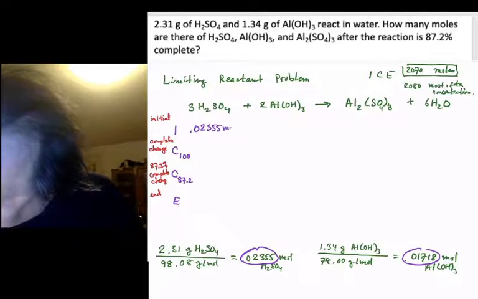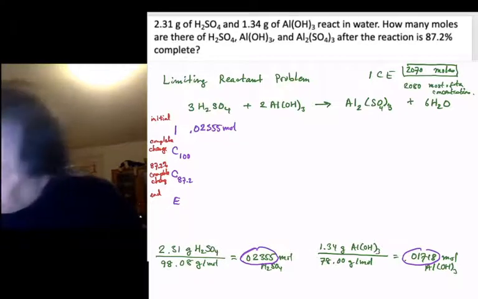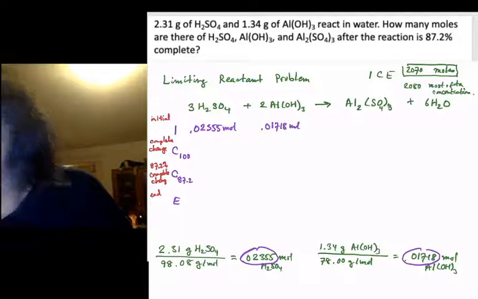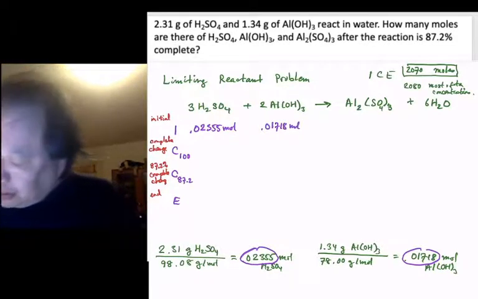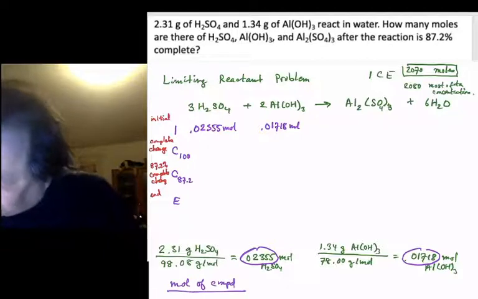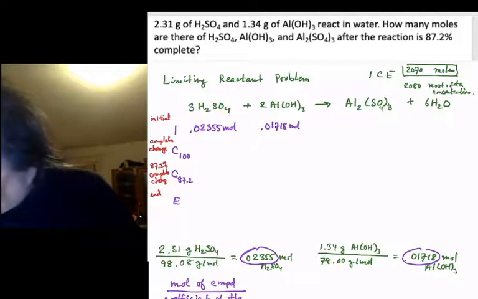0.02355 moles of H2SO4 and 0.01718 moles of Al(OH)3. And if you take moles of a compound and you divide it by the coefficient of the compound in the balanced chemical equation, put in chat what you think that is.